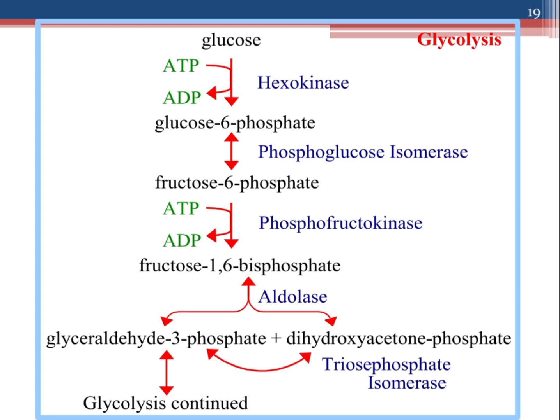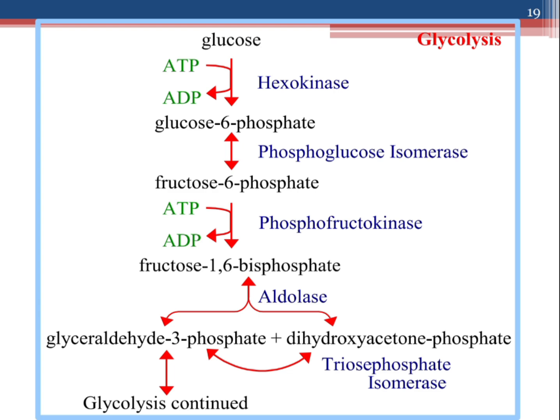Kinases are enzymes that catalyze transfer of inorganic phosphates, or molecules like inorganic phosphates, from one atom to another. In this case, we are transferring a phosphate from ATP to fructose 6-phosphate to form fructose 1,6-bisphosphate.